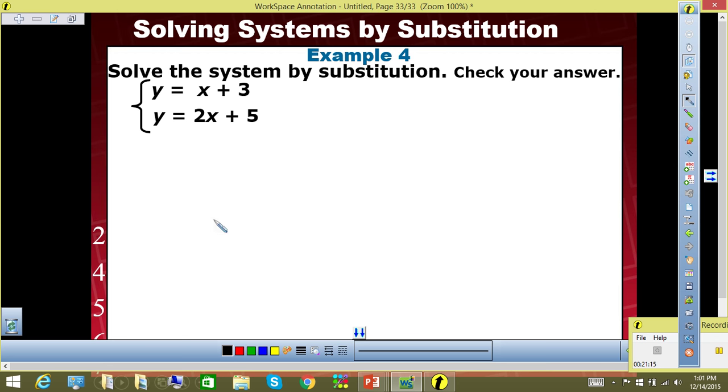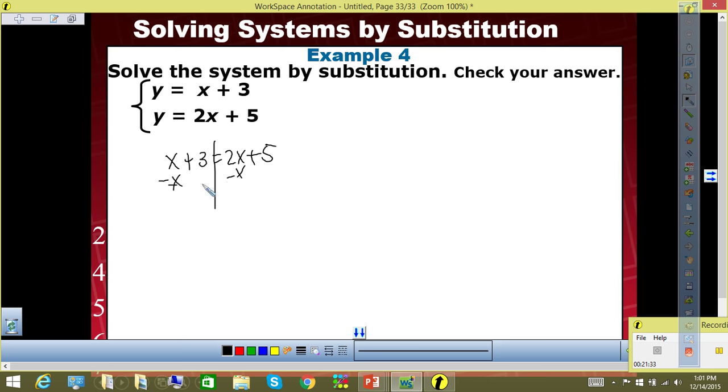What did you do? x plus 3 equals 2x plus 5. Hands if you did that. Okay? And we solved, right? So I start with the smallest variable, minus x. 3 equals x plus 5, minus 5. Negative 2 equals x. Pass it to someone.